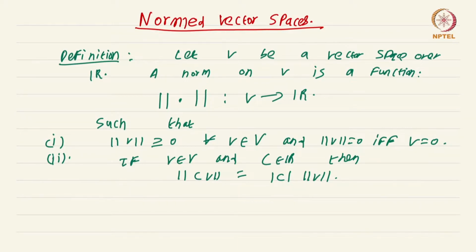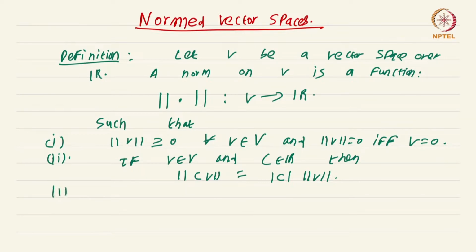If you scale the vector by a constant C, then the length of the vector or the distance to the origin of the scaled vector will also get scaled, but not by C but by absolute value of C, because distance does not have a positive or a negative sign.